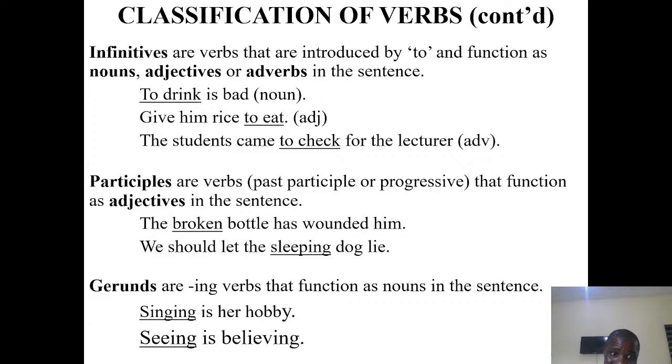But singing is not modifying, so it's occupying the place of a noun. Singing is her hobby. We can also say eating is her hobby. Seeing is believing. So these occupy the space of a noun, used as nouns, even though they are verbs.